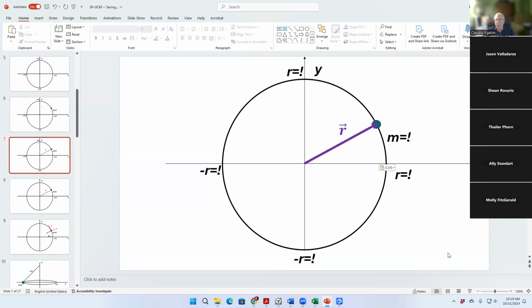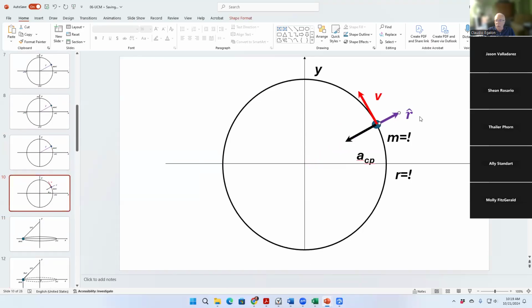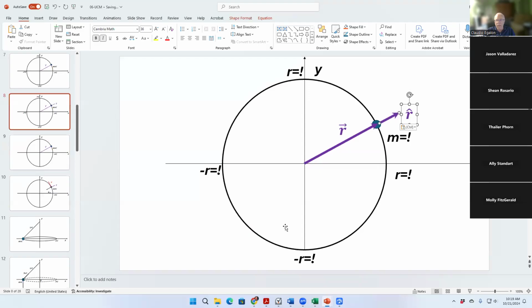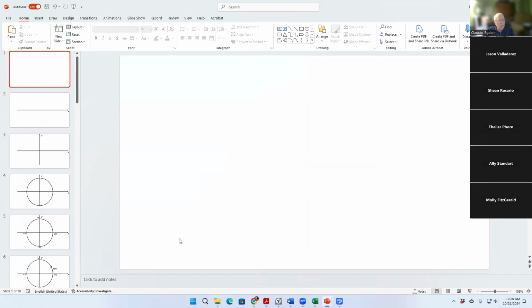Here you go. Vector r. In my next frame, we're going to denote the r hat, the vector r, the unit vector r hat. Let's play the movie. What we have so far?